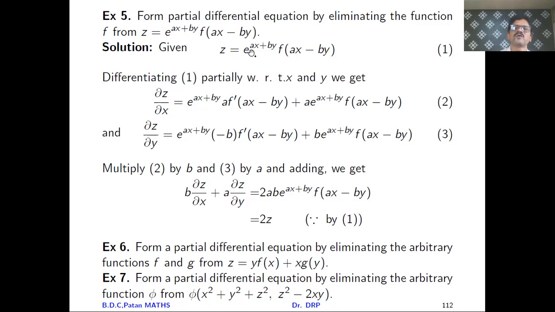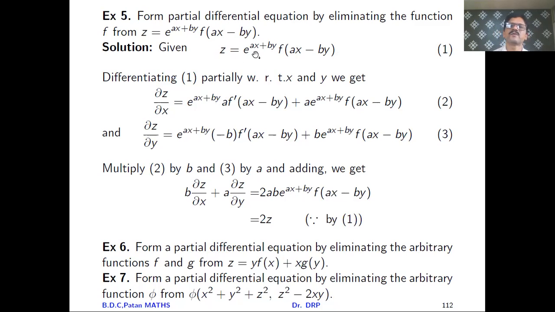Means you will get first into derivative of second as e to the power ax plus by into f dash of ax minus by into a, plus the second function as it is, that is f of ax minus by, and we need to find the derivative of the first function, e to the power ax plus by.